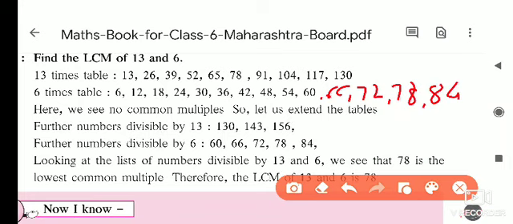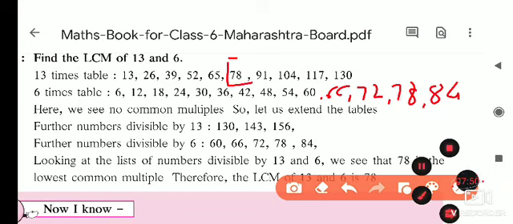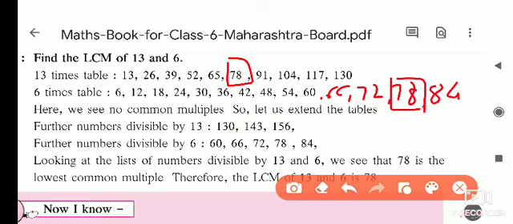In that way we have to write this table forward, and afterwards you will notice, looking at the list, that 78 is the common number. Here it is 78, and here it is also 78. So this is the first common multiple, and that's why the LCM of 13 and 6 is 78.